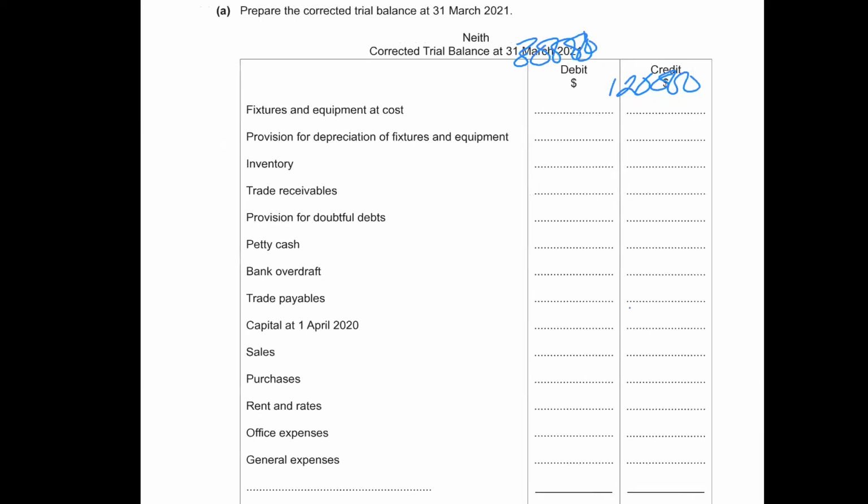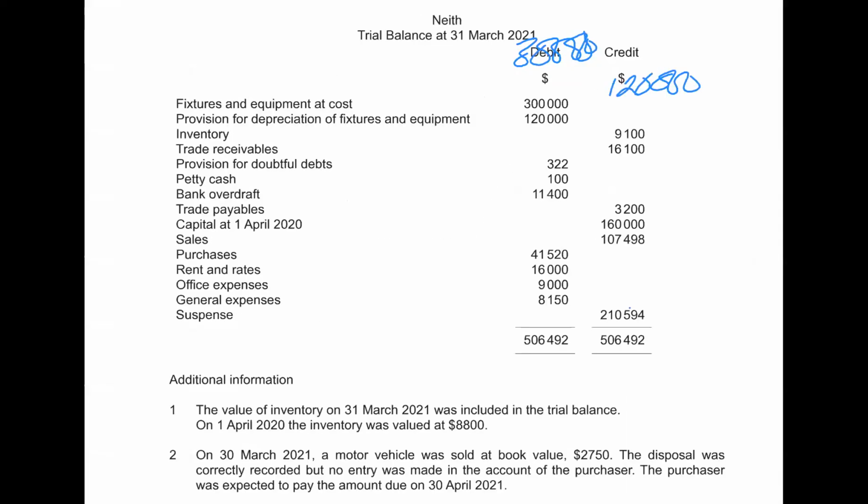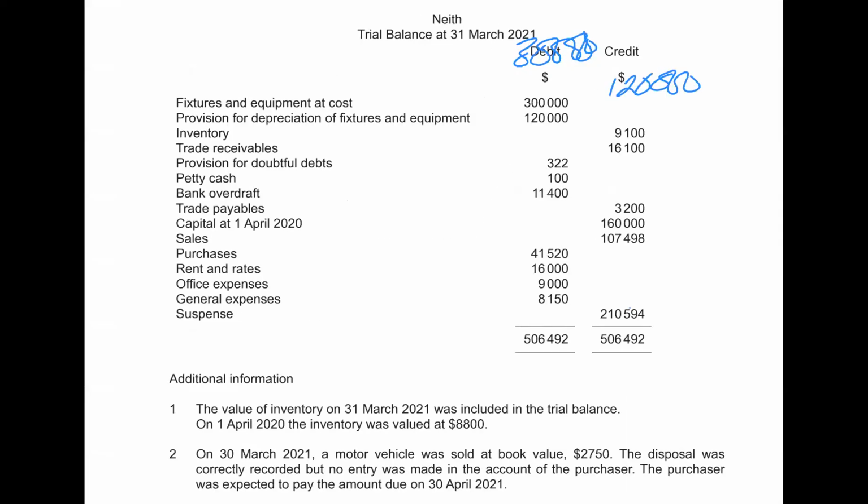Then we go to the next item, the inventory. Now look at the inventory that we have. What are we given about the inventory? The inventory here is 9,100.